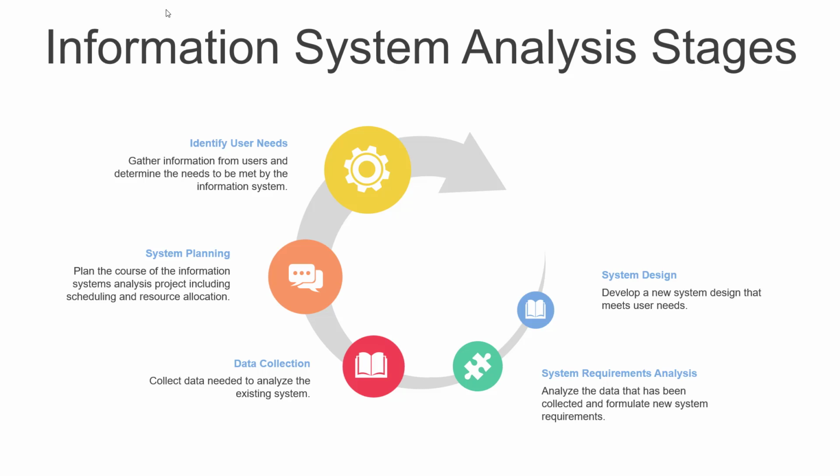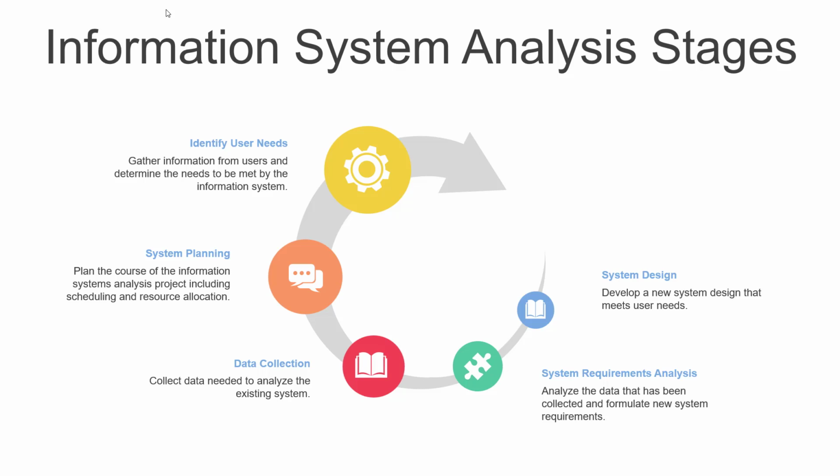With identifying user needs, we can go through some interviews or some observation at the place that you want to get the information system, and you can go with some users that we call key personnel.